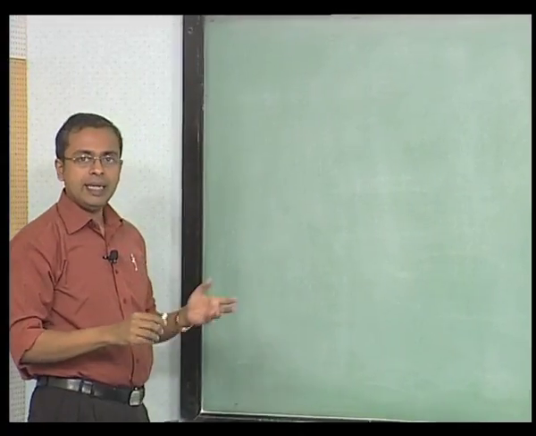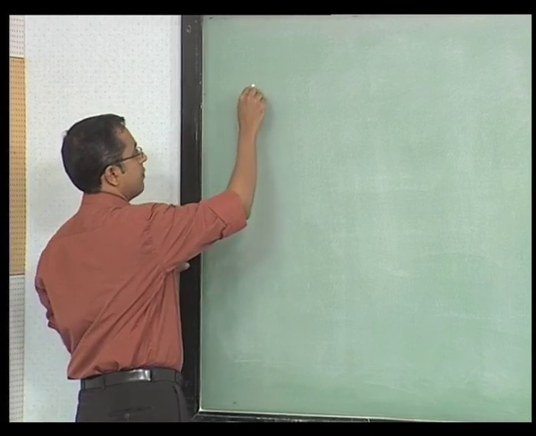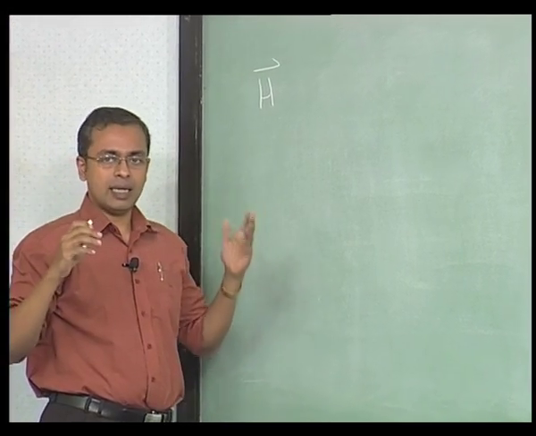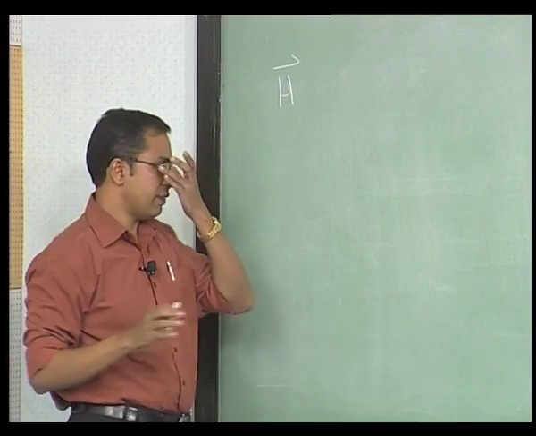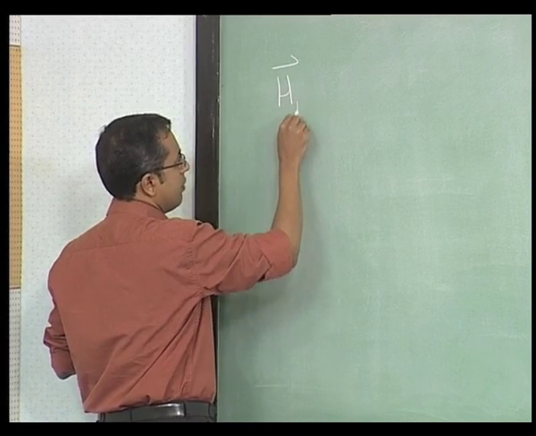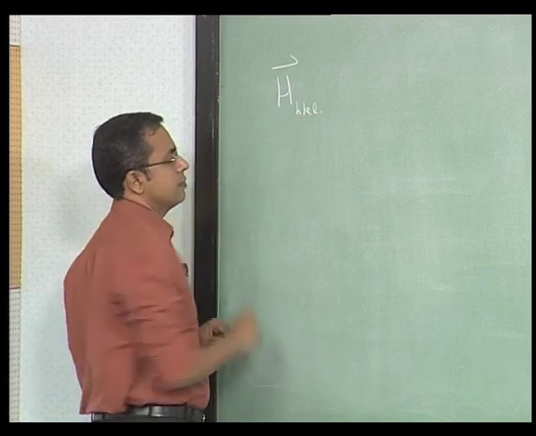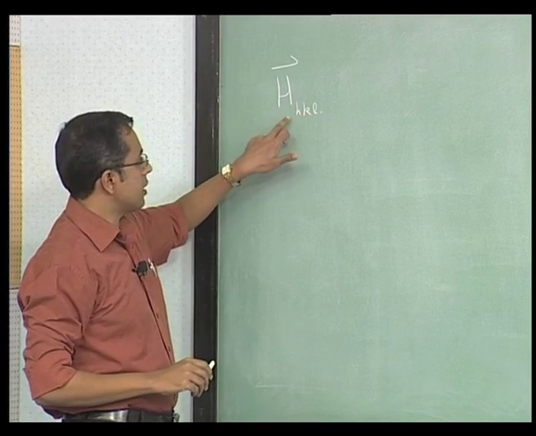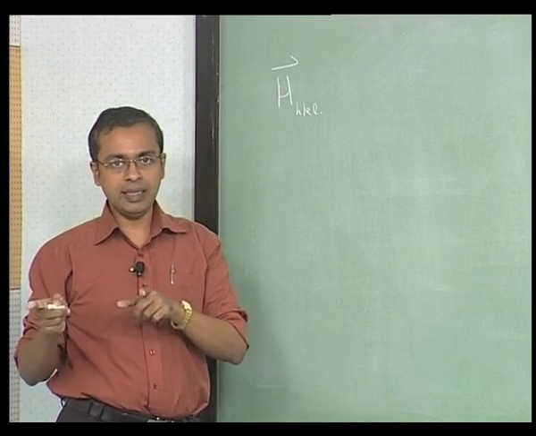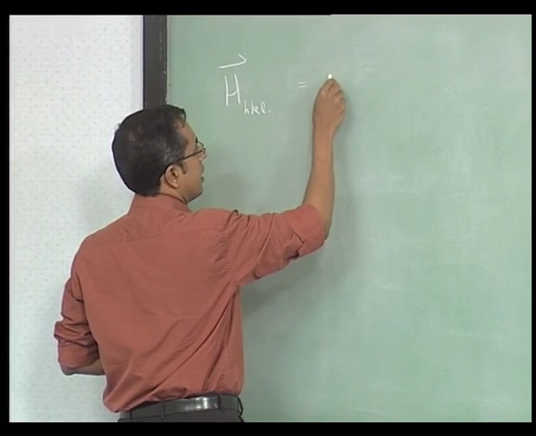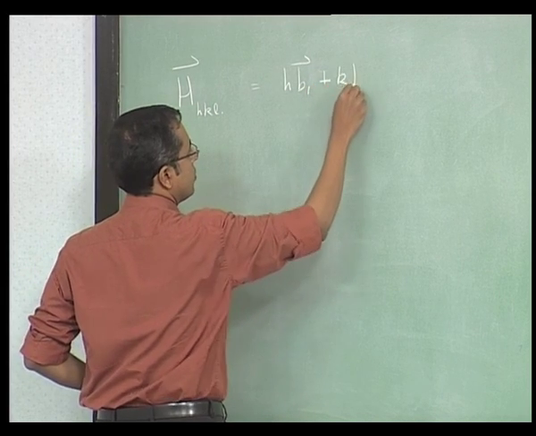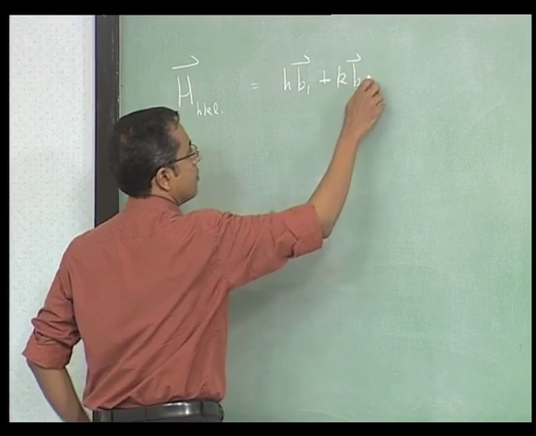We can write any vector H, H is the notation given for a generic reciprocal lattice vector, okay. So H is a general reciprocal lattice vector, we will give it subscripts hkl, okay. So if this is a reciprocal lattice vector and the unit vectors in the reciprocal space are b1, b2 and b3, then this is simply equal to h b1 plus k b2 plus l b3.